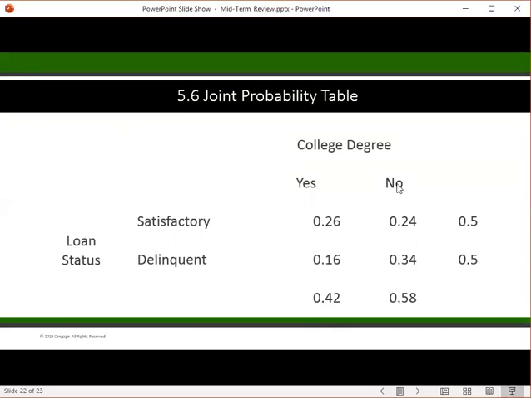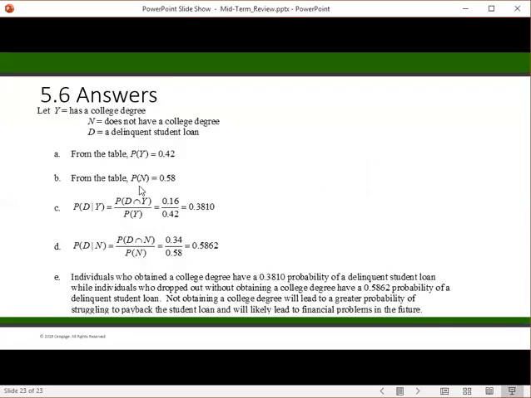So we look at the no, and again, if you did not receive a college degree, you'll be having both loan statuses, satisfactory and delinquent. So the probability that a student did not receive a degree is 0.58 or 58%.